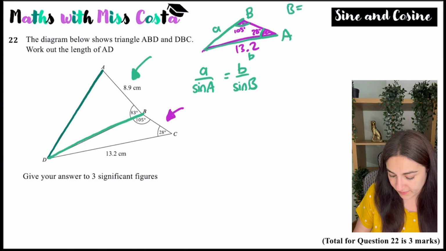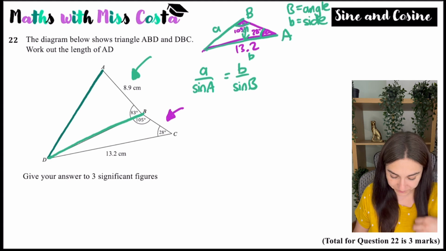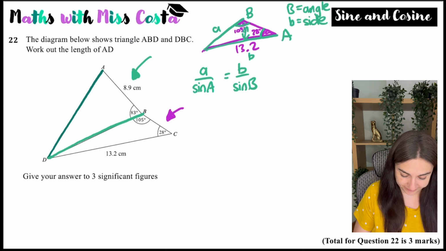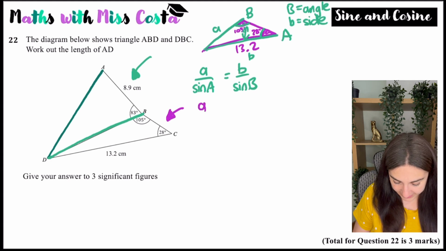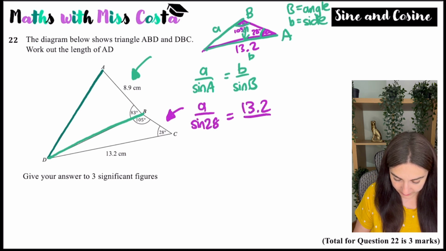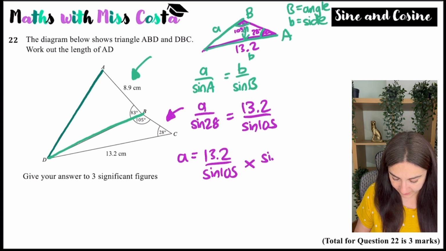Remember, the side, the angle is the big letter, the little letter is the side, and they're always opposite each other. They're corresponding to each other. So a over sine 28 must equal b, 13.2 over sine 105. Therefore, a must equal 13.2 over sine 105 times by sine 28.